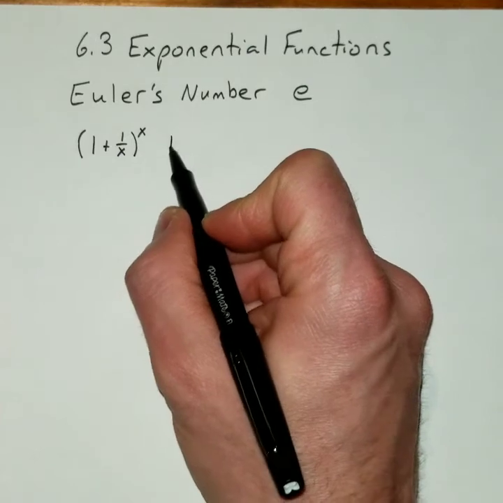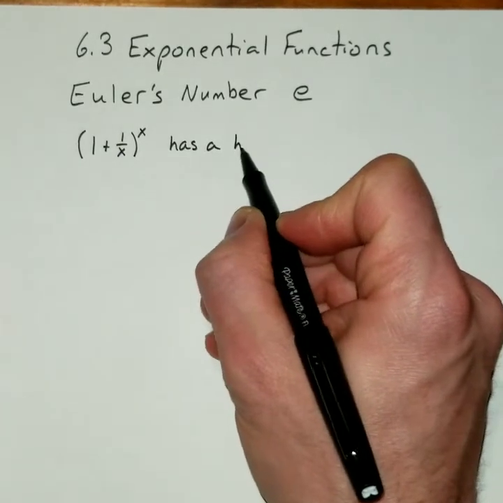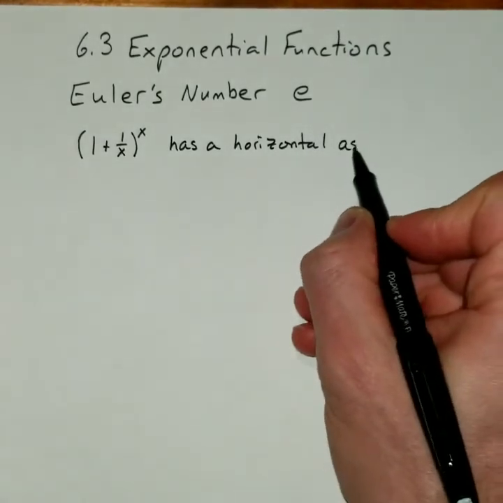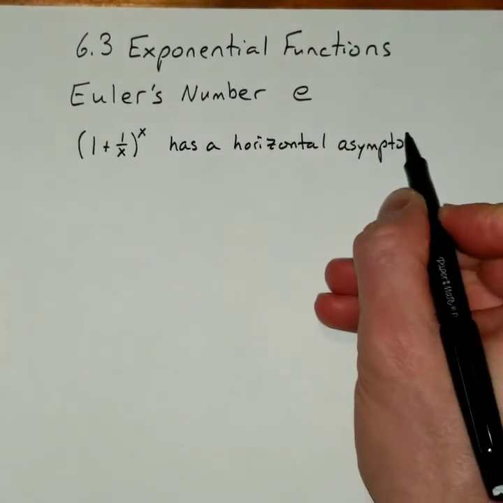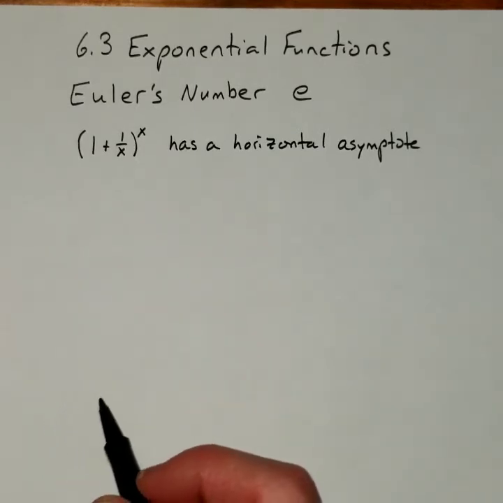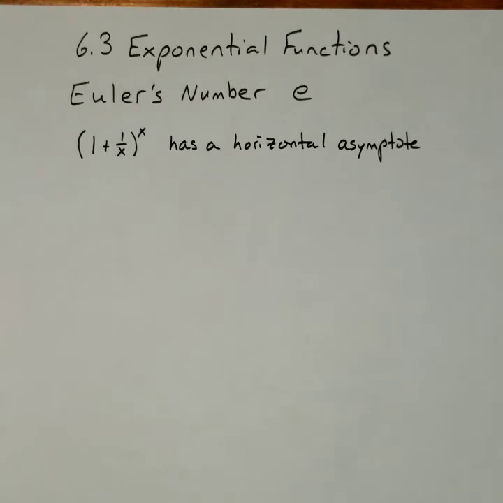What he found, though, is that it does have a horizontal asymptote. And he needed to determine what the value of that asymptote was. And what he determined was it was a number that had some decimal representation that he couldn't nail down.